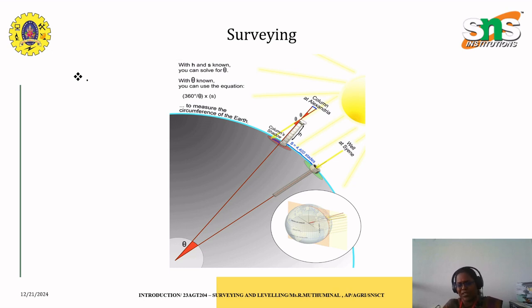It is not possible for us to identify the center point of the angle, because we have to deal with the depth that is going to be underground. So for simplicity, we have to consider the surface as a plane so that we can identify the distance between the 2 points easily without identifying the inclinations. This is the concept that we are going to see in the near future.